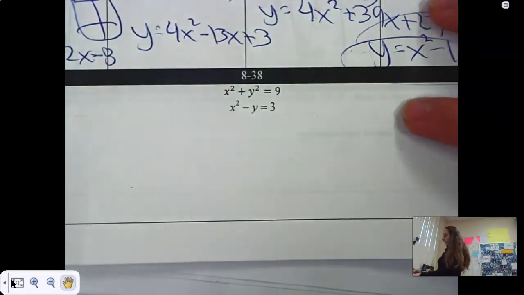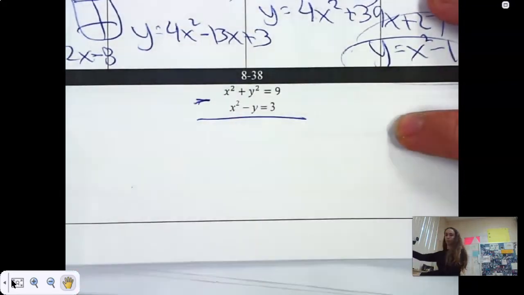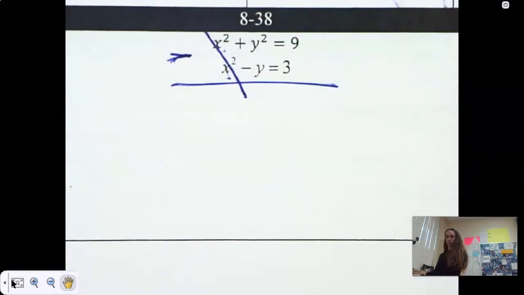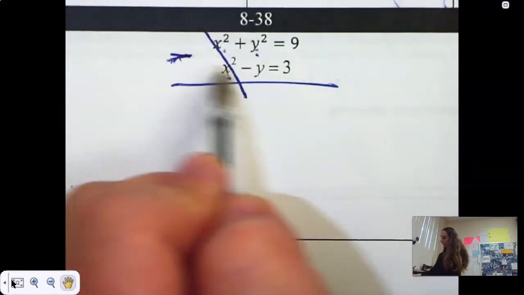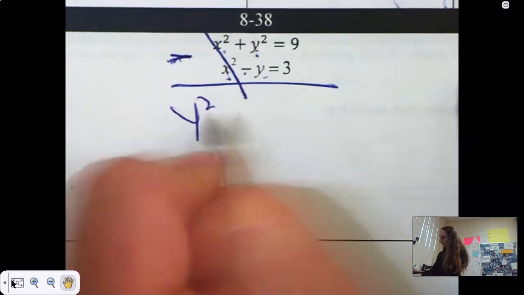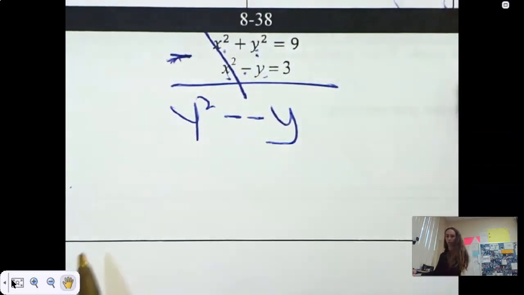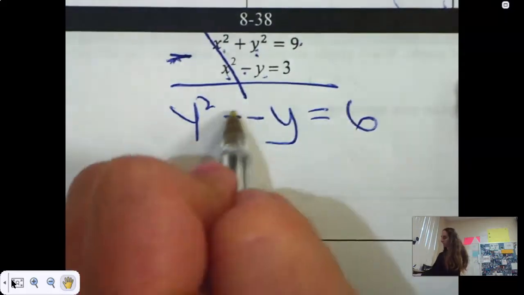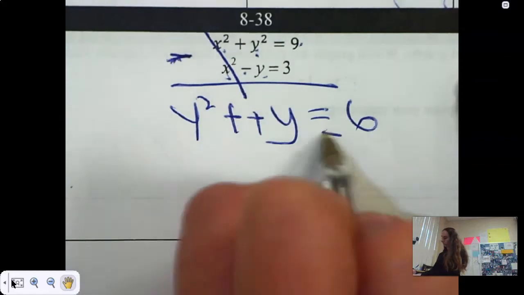This is solving a system. If I subtract them, let me zoom that in a little bit, then I could eliminate the x's. X squared minus x squared. Y squared minus negative y, I can't put those together. It's okay. And then 9 minus 3 equals 6. 2 negatives make a positive. Move the 6 over.